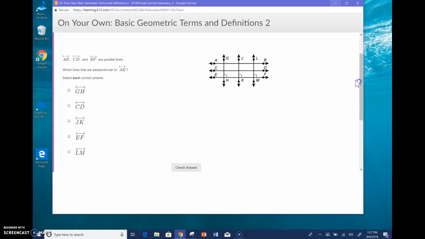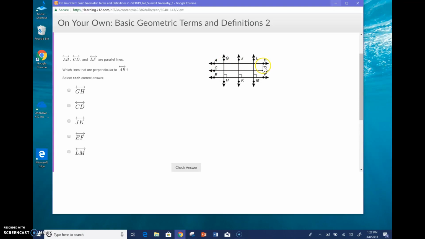All right. Lines A, B, C, D, and E, F are parallel lines. They all run horizontally and parallel to each other. Which lines are perpendicular to AB? So AB is this top one.